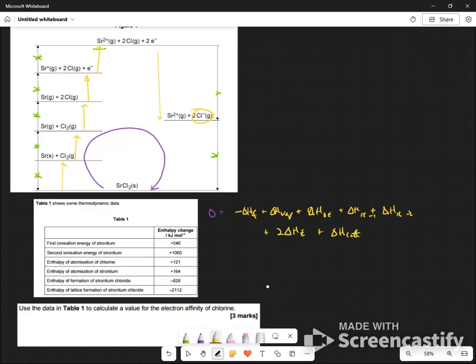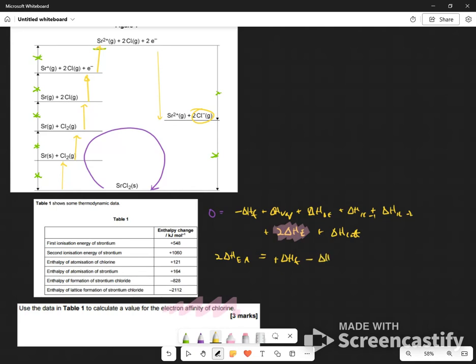Now, of all of that stuff, what do I want? All I want is this. That's what the question asked for, the electron affinity. So I'm going to put all the other stuff over the other side, and I'm going to say 2 electron affinities is equal to minus delta HF. Oh no, it's going to be plus, isn't it? Because I'm putting everything over the other side of the equation.